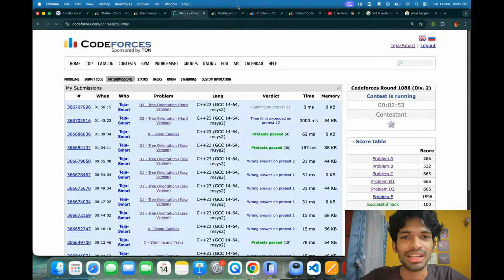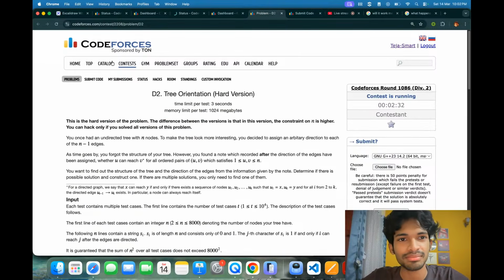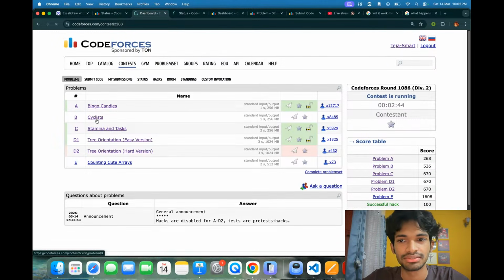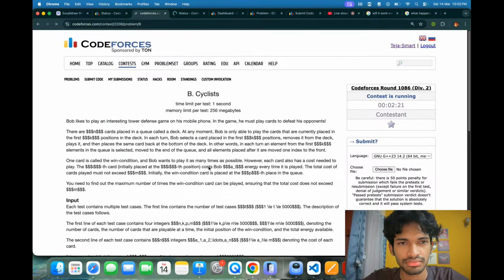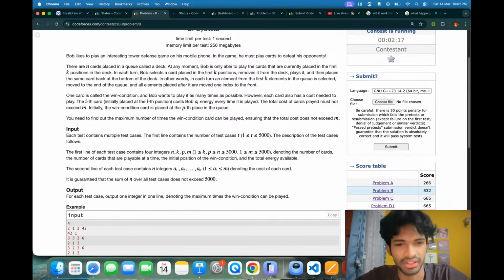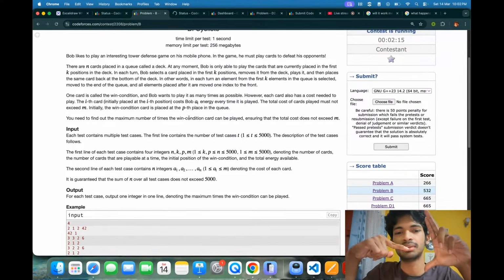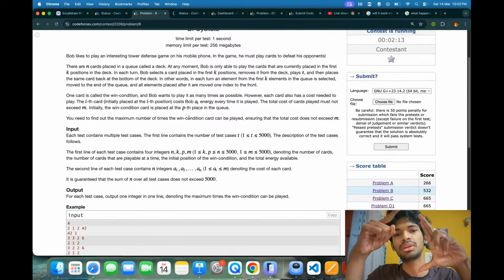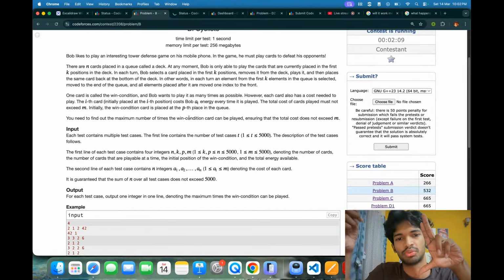Now can I solve this B in 2 minutes? Find the maximum times you can keep removing that, right? How would you do that? It's in the P's position. You have to keep removing. Let's say the costs that are smallest is what you have to remove.